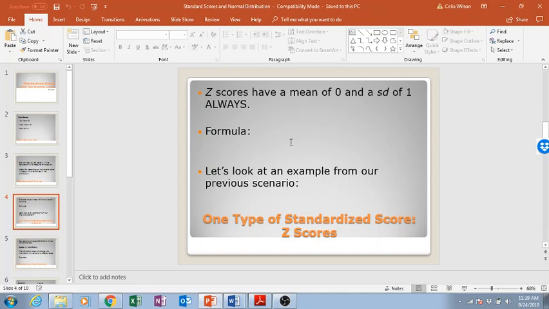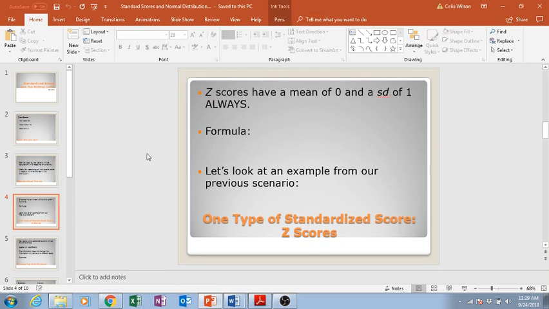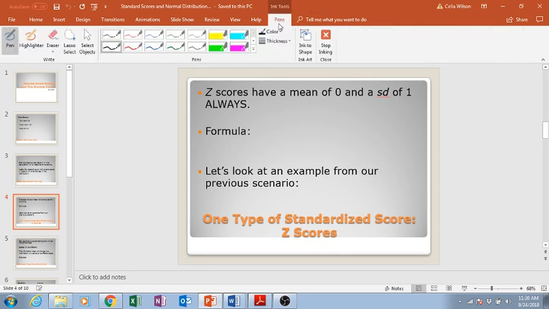Thinking about the Z-score, first of all, we're going to take a look at the formula and what it means.